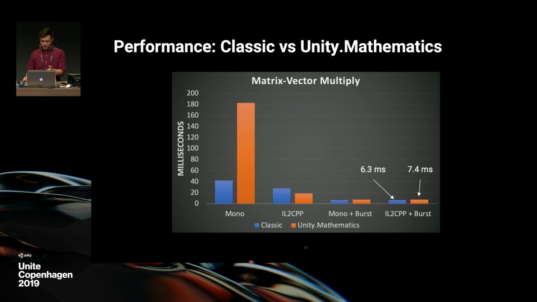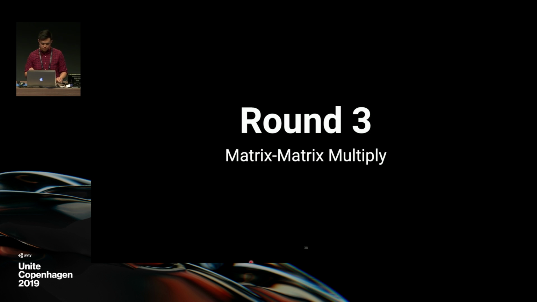Similar to vector addition, burst with Unity Mathematics is just ever so slightly slower than classic Unity. That is something that we have to investigate, because we would love for Unity Mathematics to be the same or faster, but it's only slightly slower. So I'm not sweating too hard about that one. Matrix multiplication.